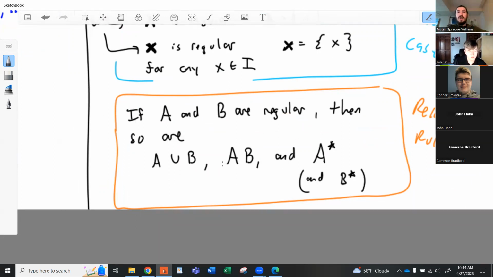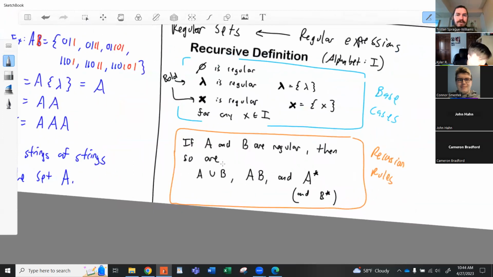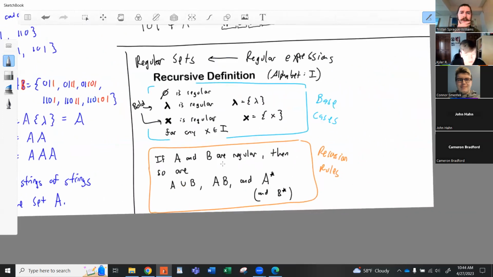So basically, whenever you have a regular set, its Kleene closure is regular. And whenever you have 2 regular sets, their union is regular and their concatenation is regular. Not intersection, but union and concatenation. So these are the definitions of regular expressions which define regular sets.